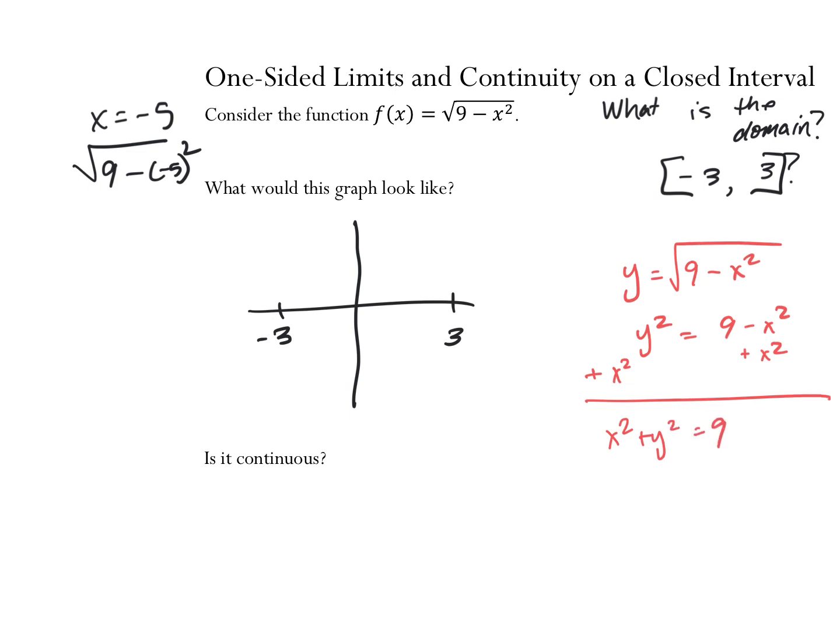What does that graph look like? Does that equation look like an equation you've dealt with before? What kind of shape is it? It's a circle. A circle with radius 3.